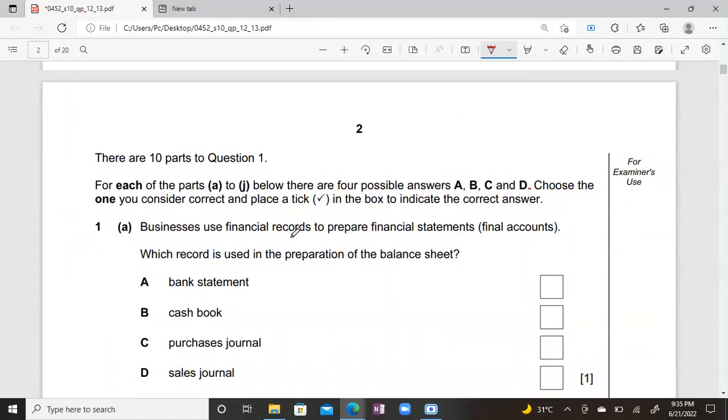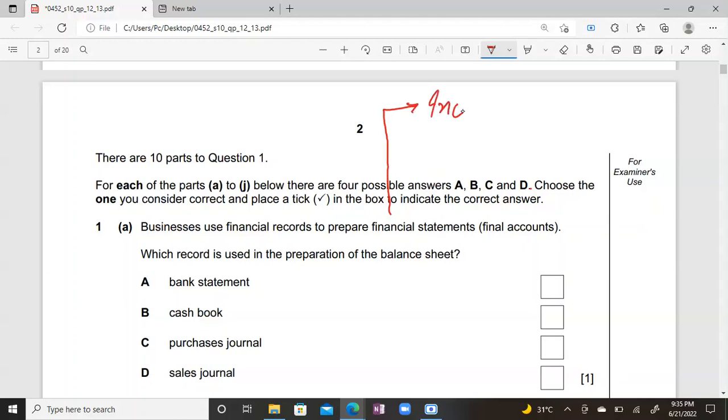Businesses use financial records to prepare financial statements. Another name for the financial statements is final accounts. Which record is used in the preparation of the balance sheet? So financial statements, you know, are divided into two parts.